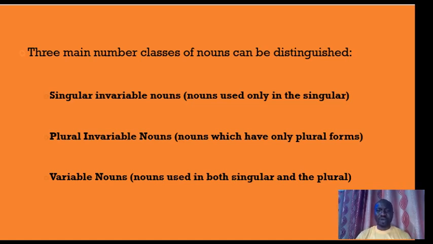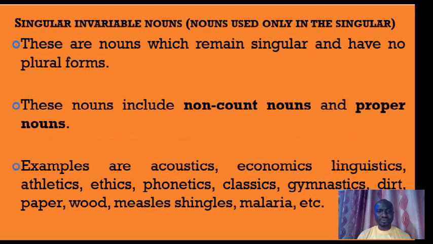Now let's take them one after the other. Let's talk about singular invariable nouns, that is, nouns used only in the singular. These are nouns which remain singular and have no plural forms. These nouns include non-count nouns and proper nouns, which we made mention of in our previous video.